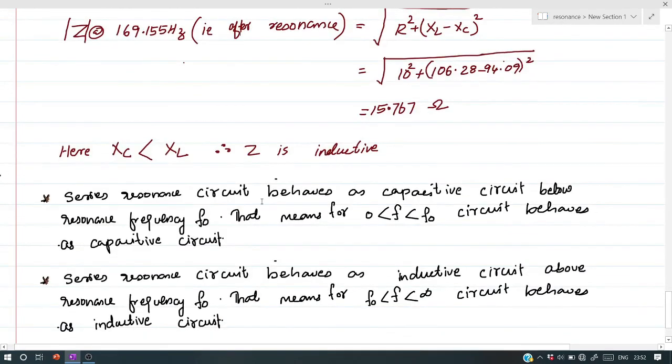So it can be concluded that the series resonance circuit behaves as a capacitive circuit below resonance frequency F0. That means for 0 to F0, the circuit behaves as a capacitive circuit. Similarly, the series resonance circuit behaves as an inductive circuit above resonance frequency F0. That means for F0 to infinity, the circuit behaves as an inductive circuit.